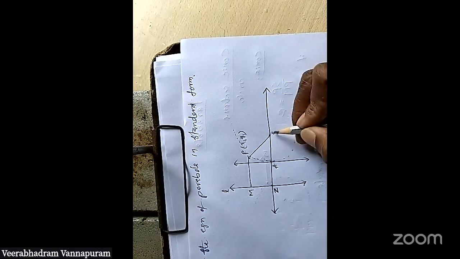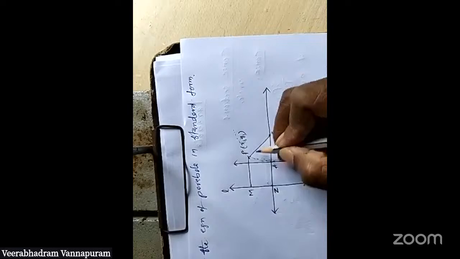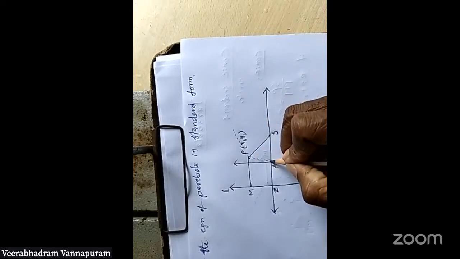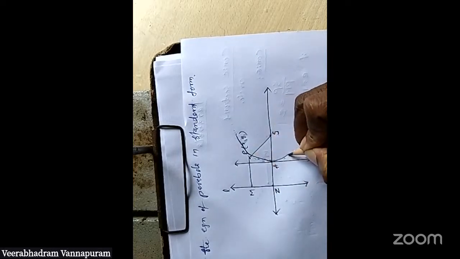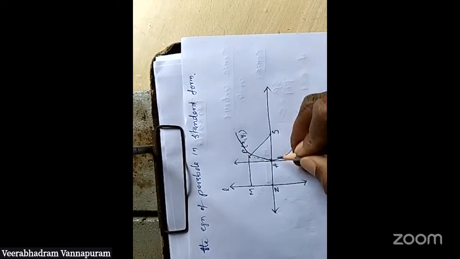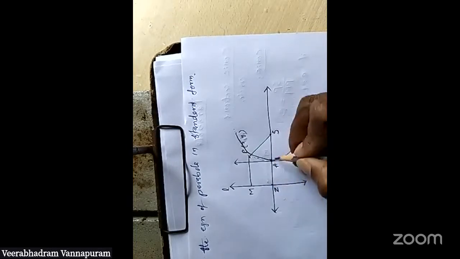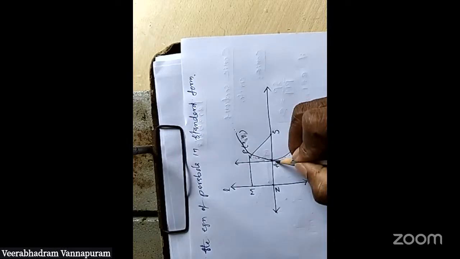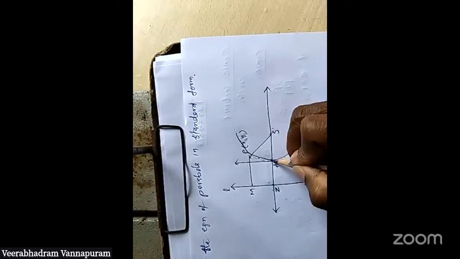Here observe that since SP equals PM, the point A also lies on the parabola. That is, A is at equal distance from S and Z. Therefore, A is the midpoint of SZ.